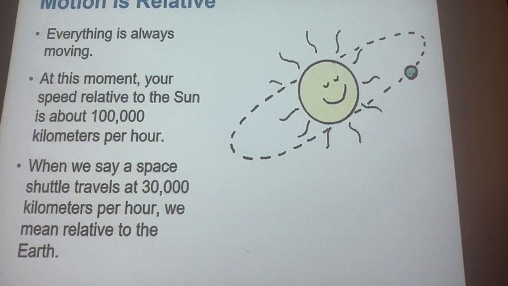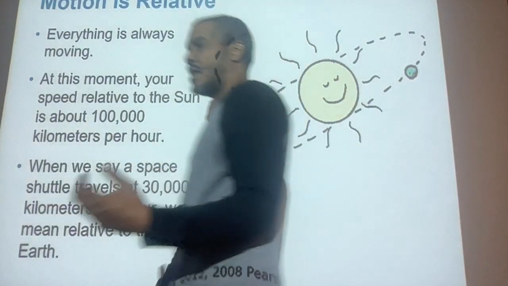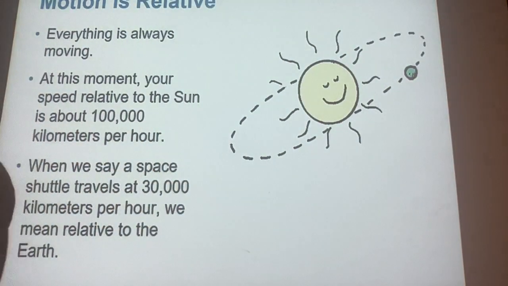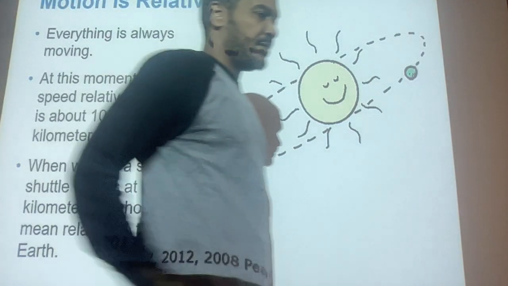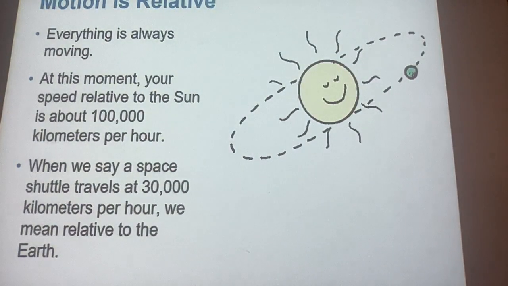Anything that has mass has energy. That's from Einstein. If it has mass, then it's made up of atoms, and even atoms are moving. They don't move very far, but they are moving and they have energy.